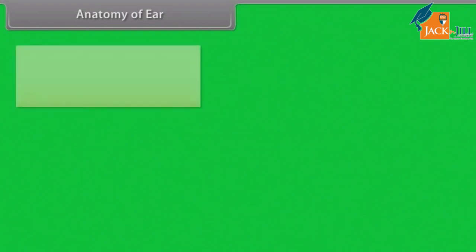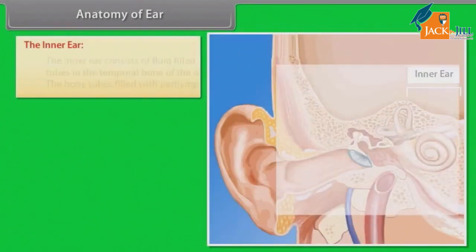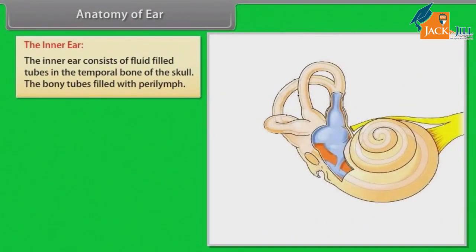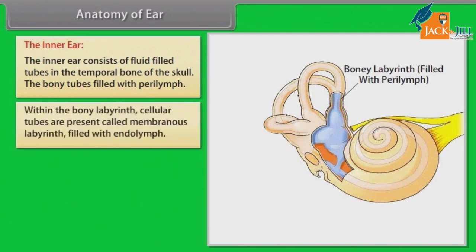Anatomy of the ear. The inner ear. The inner ear consists of fluid-filled tubes in the temporal bone of the skull. The bony tubes filled with perilymph form the bony labyrinth. Within it are cellular tubes called the membranous labyrinth, filled with endolymph.